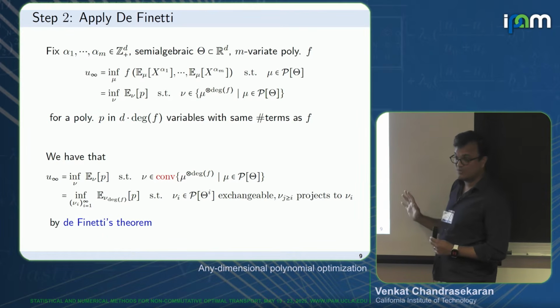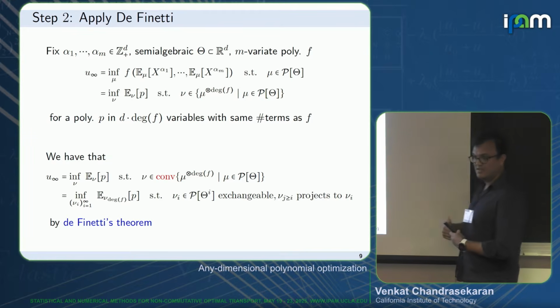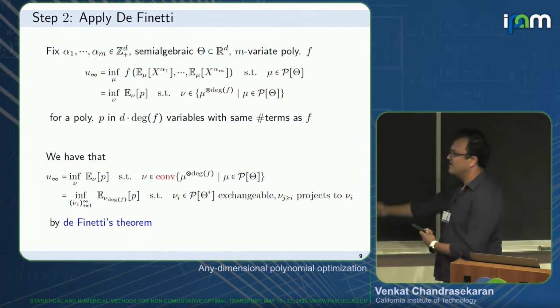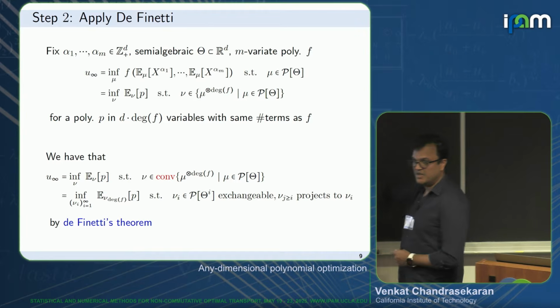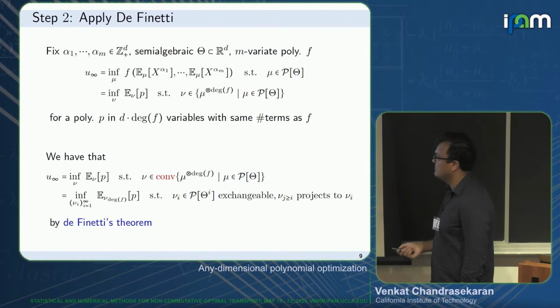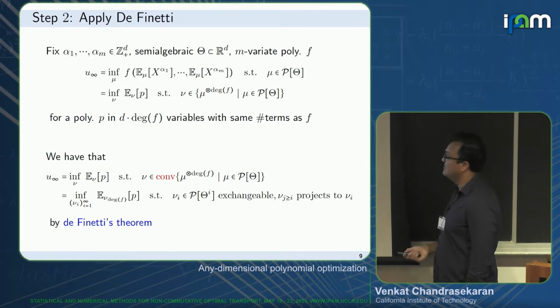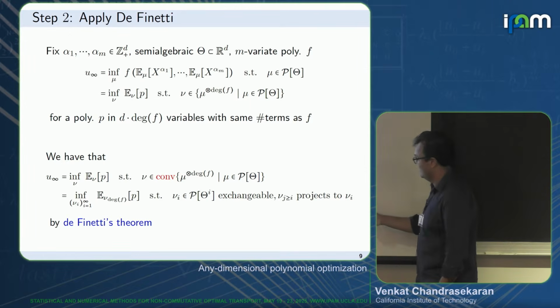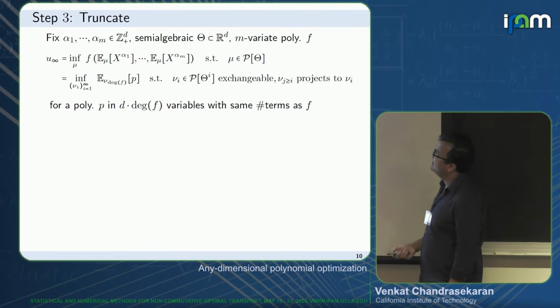So this is an infinite sequence of measures, but this is where de Finetti applies. Convex hull of product measures is given by exchangeable measures that extend infinitely. Good. This is all so far still exact, right?